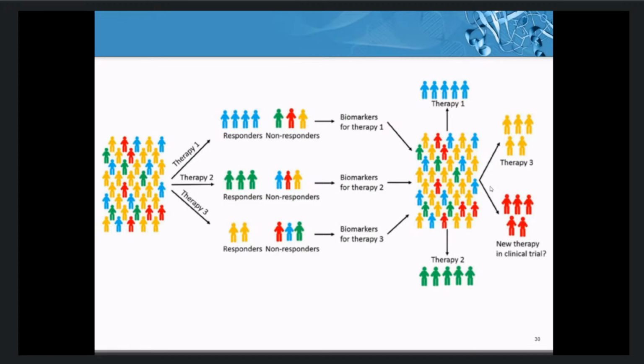For the same disease, different patients can have different biomarkers, so we can go for different therapies by characterizing them based on cellular study, molecular study, and bioinformatics study, which Ghazala is working on. And if some people don't respond, we can go for new therapy in clinical trials.